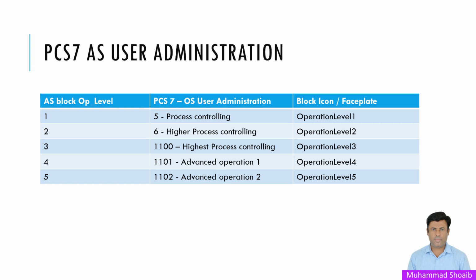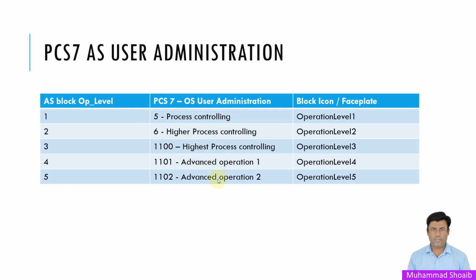So let's start. In our AS, you want to control your authentications and security through the AS at the block level. So we have five different levels. In the previous tutorial videos, we learned about process controlling, higher process controlling, and all these OS level user administration.